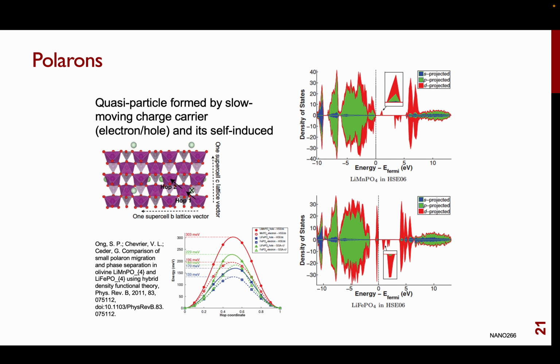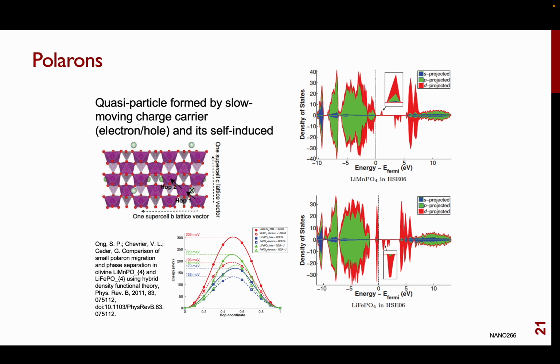You can also obtain the DOS of the polaron to see whether the polarons tend to be very hybridized. What we show here is that in the lithium manganese phosphate cathode material, the polaron has a significant hybridization with the oxygen bond compared to, say, the iron system where the hybridization is less, right?